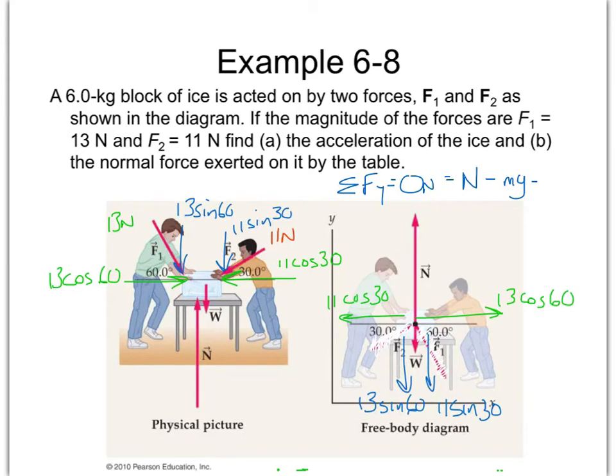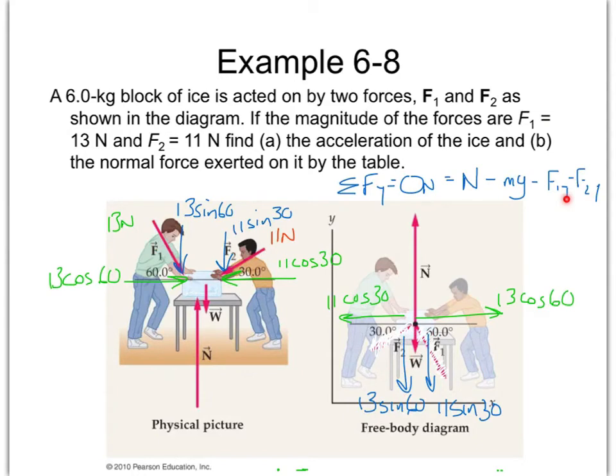Also, minus the downward forces applied by the boys pushing on the block, which I'm going to call F1y and F2y right here. That's this upward force by the table, the normal force, minus that, minus that, minus that. All of these things have to balance out to 0.